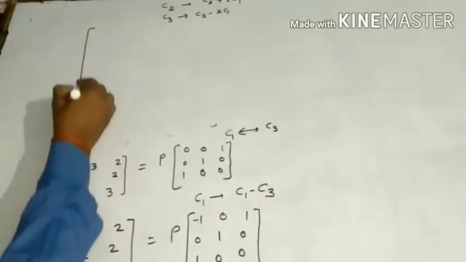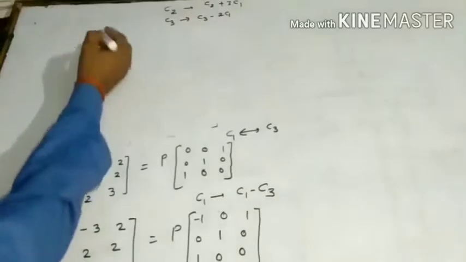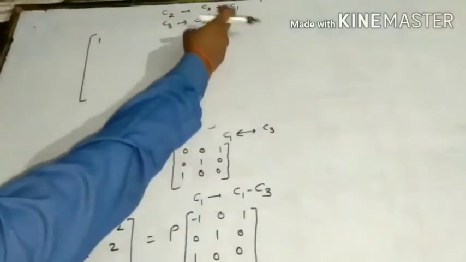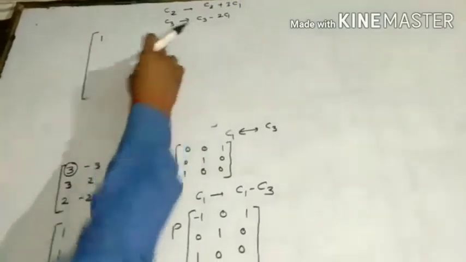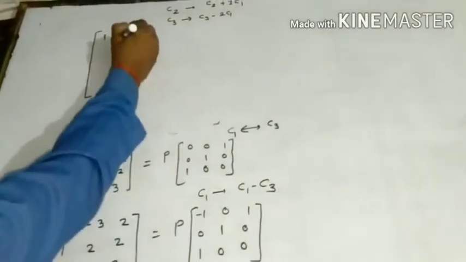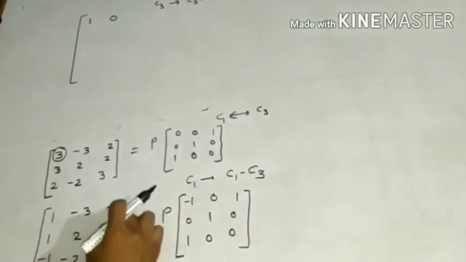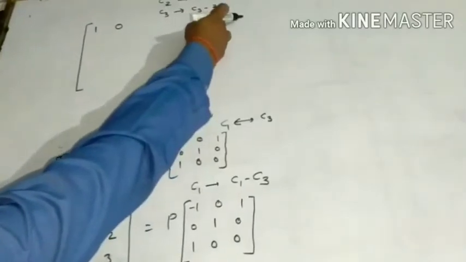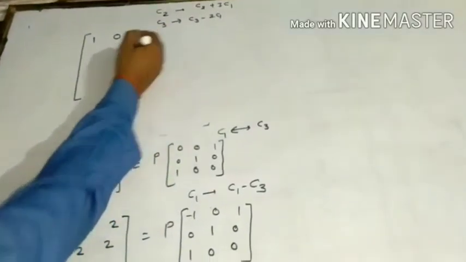Then what we will get: this becomes 1, and in C2 we are doing plus 3 times C1, meaning minus 3 plus 3, this becomes 0, and in C3, 2 minus 2 into 1, this also becomes 0.